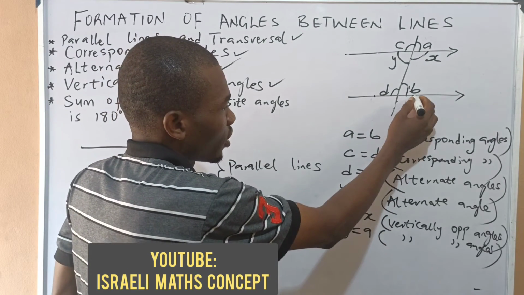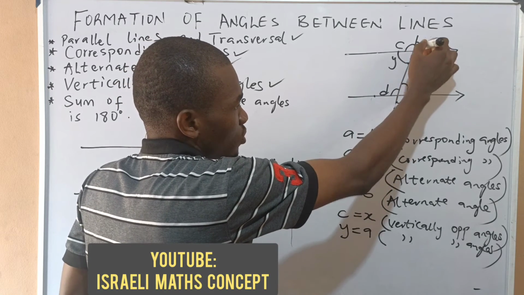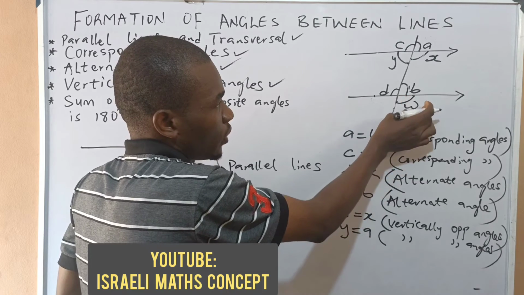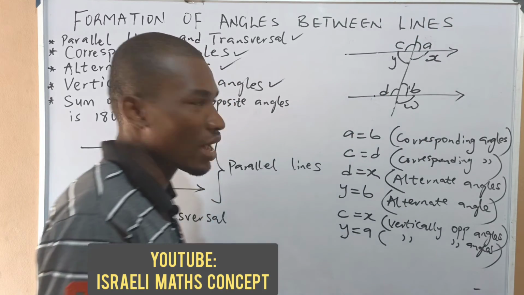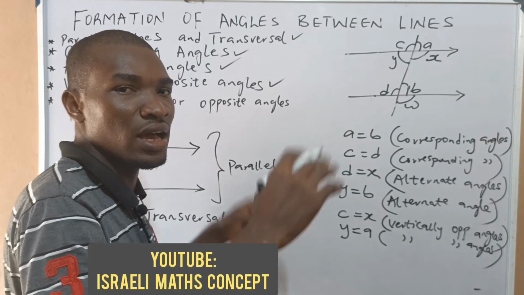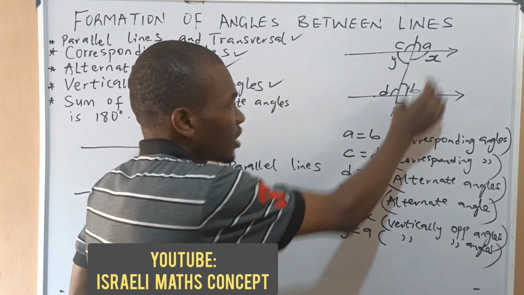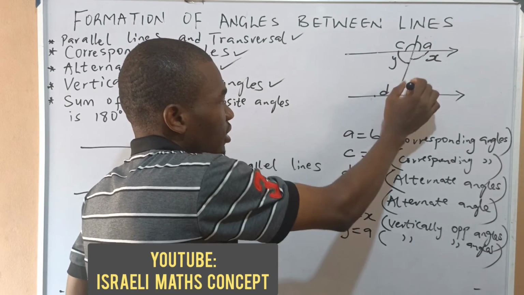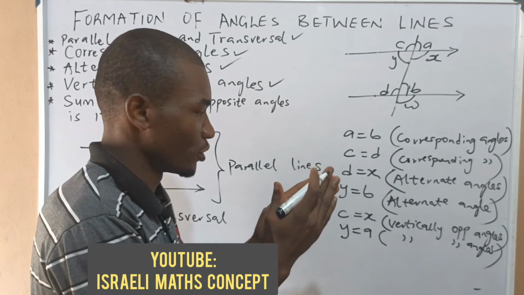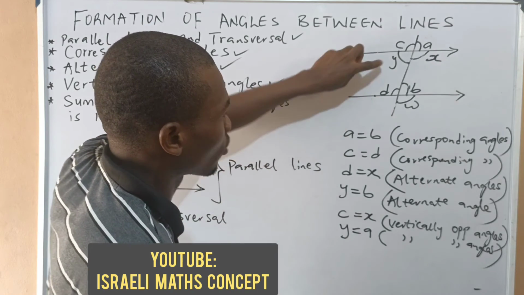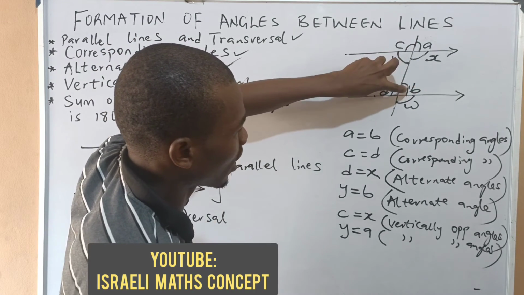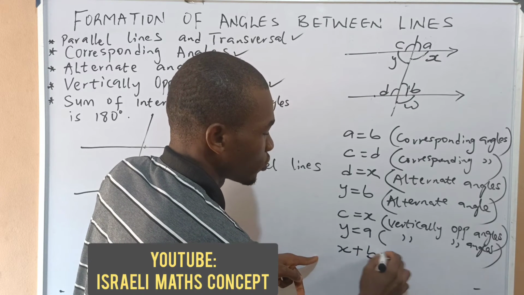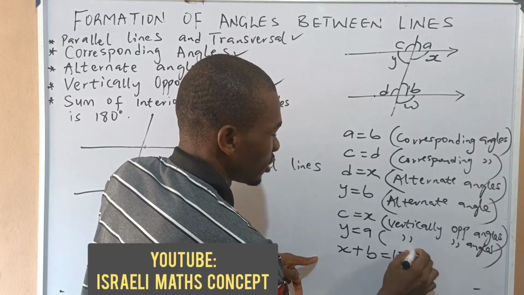If we have an angle here, assuming I call it angle W, and angle A, they are not interior angles, but rather exterior because they are outside and outside respectively. But looking at angle X and angle B, they are interior. Hence, we can say that angle X plus angle B should give us 180 degrees.